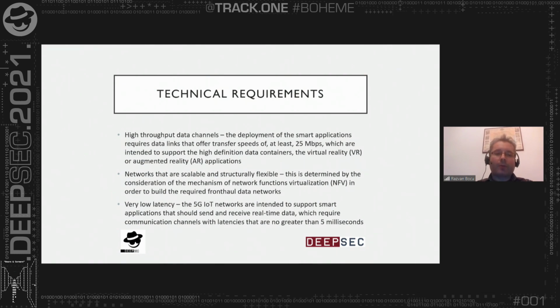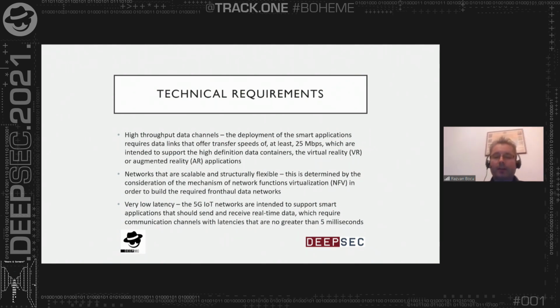So we have envisioned the following concepts throughout the reported research. First of all, we dealt with high throughput data channels. We have observed that when we speak about smart applications of various kinds, usually in order to ensure a quality end user experience, we should be dealing with at least 25 megabits per second as channel bandwidth, and these are intended to support the well-known applications such as virtual reality or augmented reality.